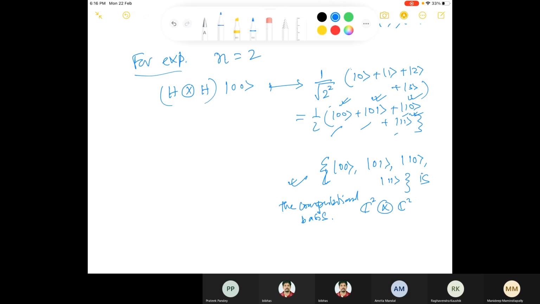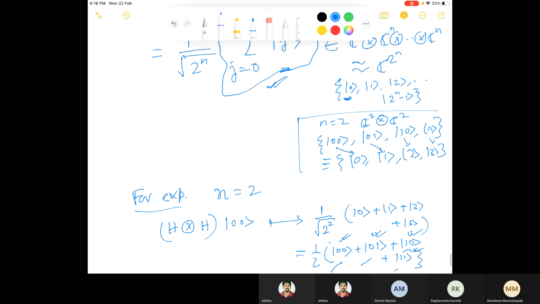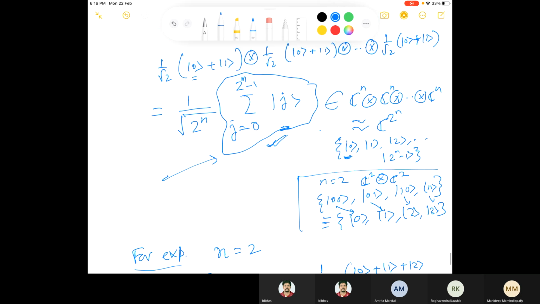In fact, you'll see that in most quantum computations, this uniform superposition of all standard or canonical states is used as an input. Let me just make a remark here, which you will see later. For example, if you want to use a search algorithm like Grover search, you will see that this is the input.